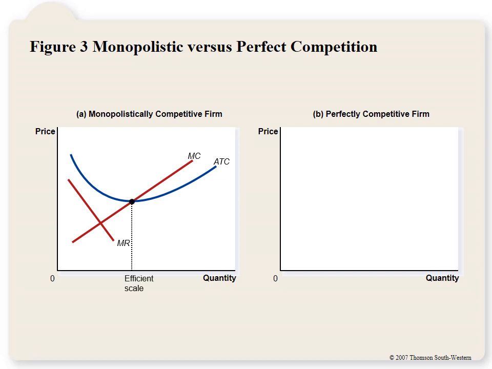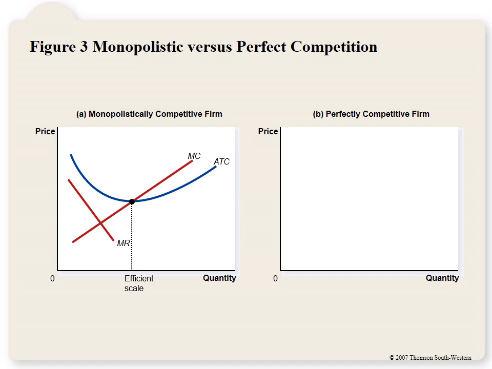Really quickly, I want to remind you to a concept we've talked about before. In the long run, we can look at what we call firms' economies of scale and diseconomies of scale. And if you look at ATC, when it is sloping downwards, as quantity goes up, if ATC is decreasing, we call that its economies of scale. And then once it starts increasing as quantity goes up, that is called its diseconomies of scale.